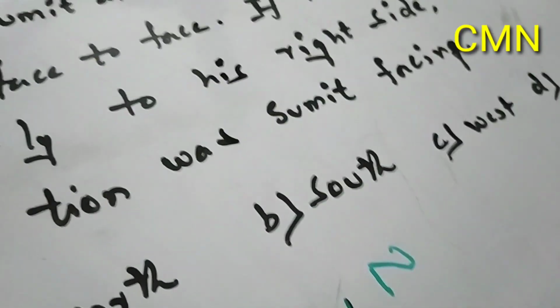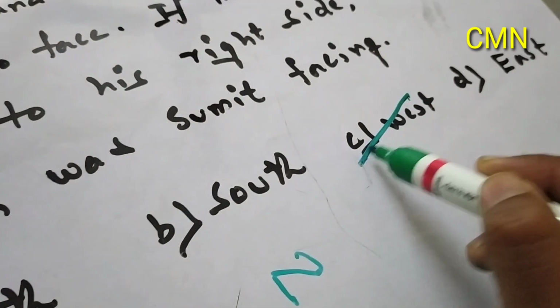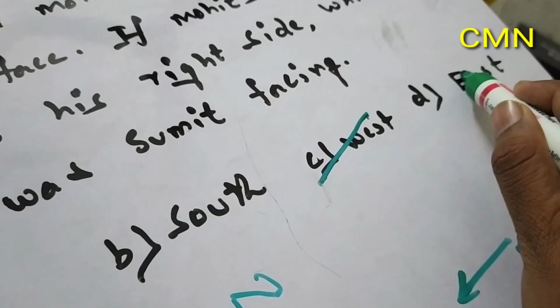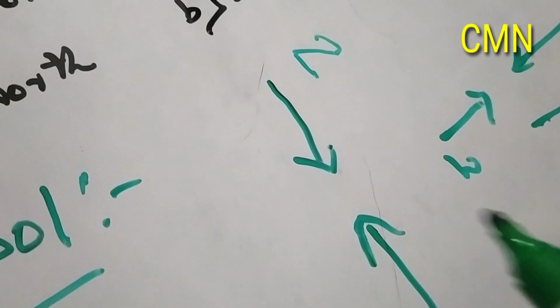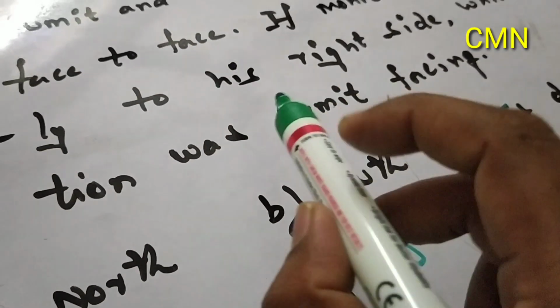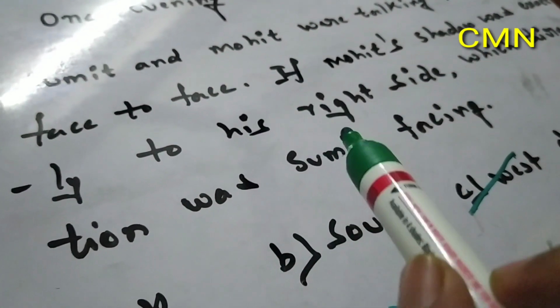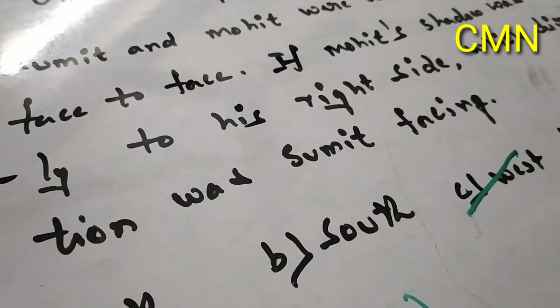So in this problem, talking about right side, two options will be eliminated: east and west will be eliminated. The answer will be north and south. But in this question it is evening, so read the question clearly, evening or morning.